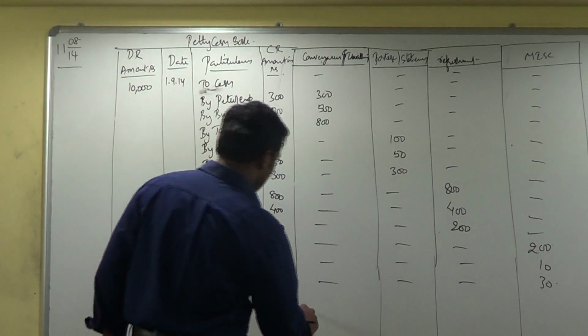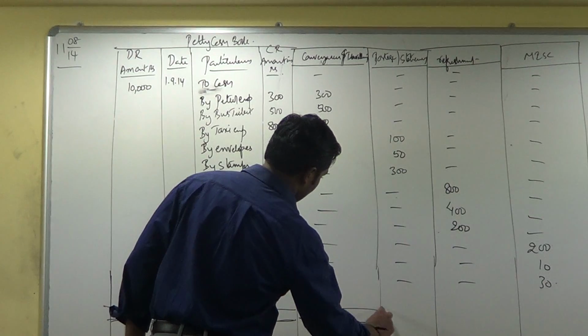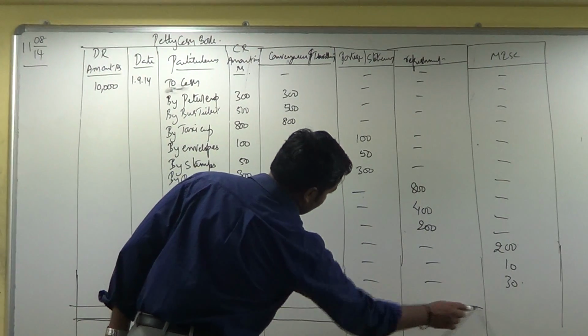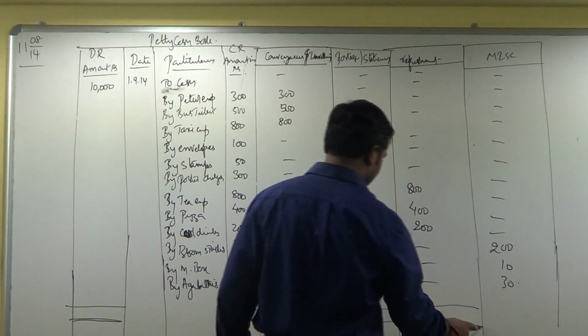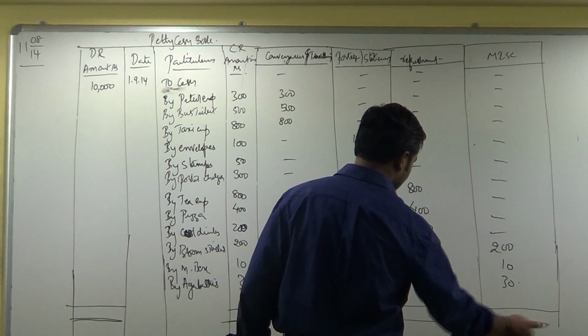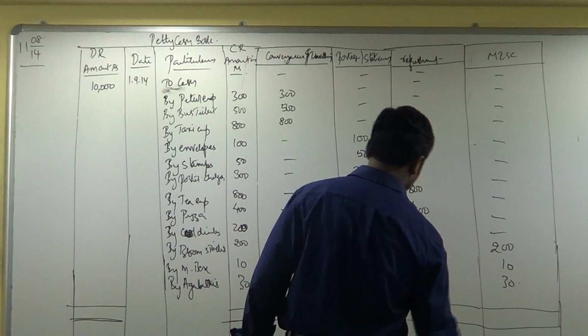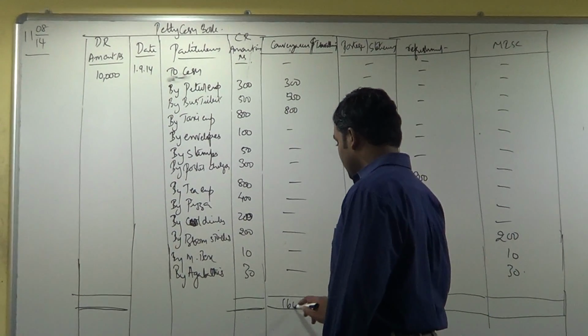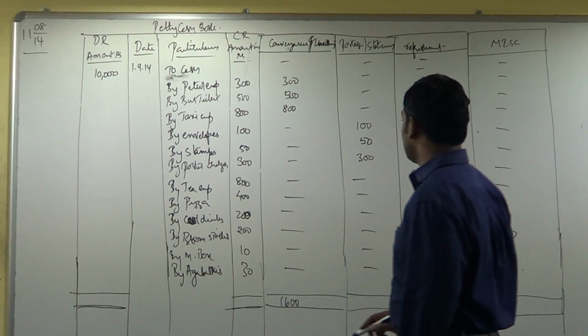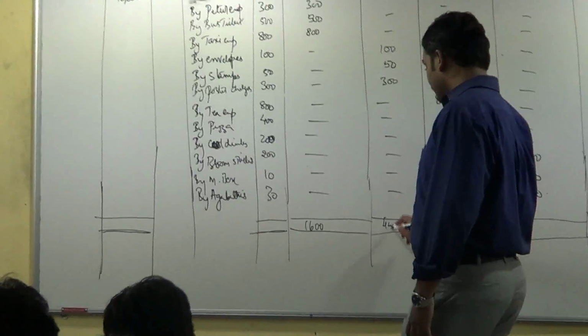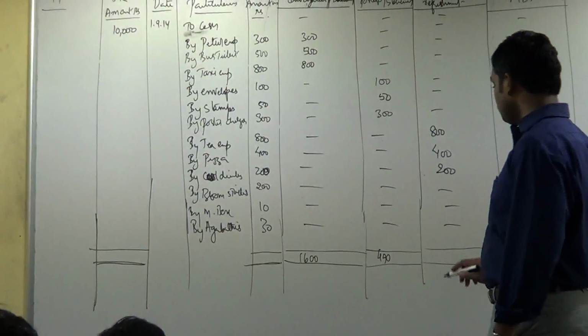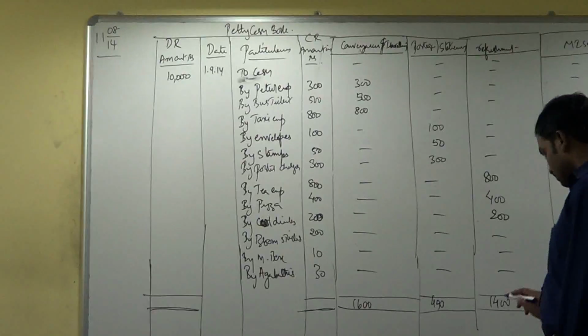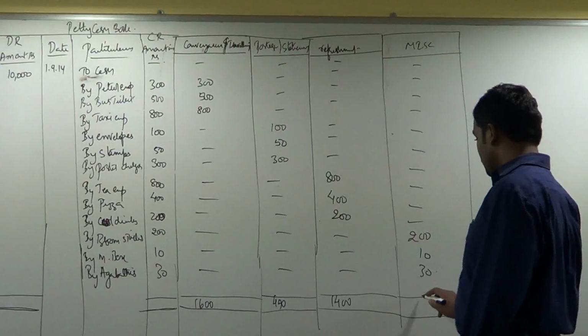Total all the columns: 1,600, 450, 1,400, and 240.